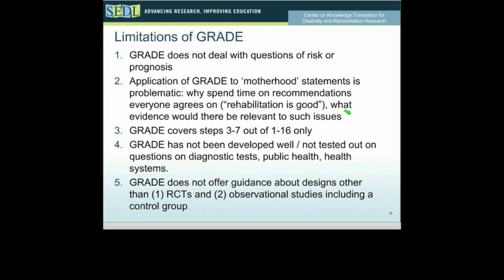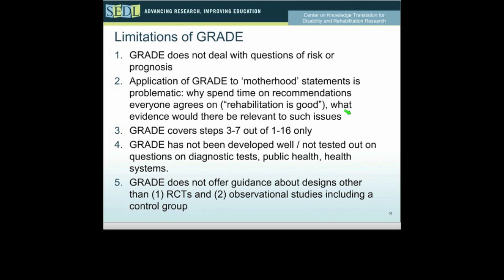As I said, they really have focused in doing the actual studies and developing the methodology on interventions and medical type interventions, and they haven't looked too hard, too far on diagnostic tests, public health, health systems, and probably disability and rehabilitation.